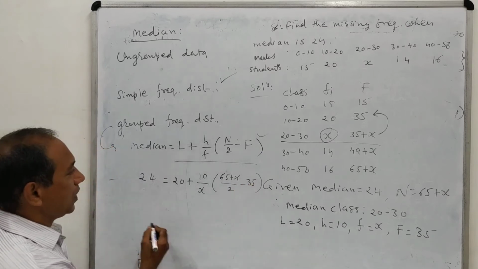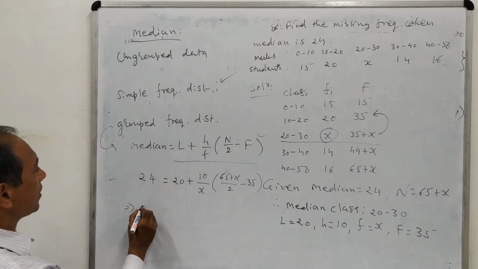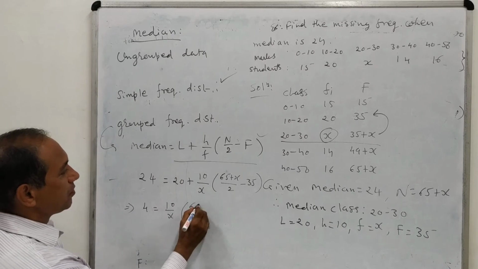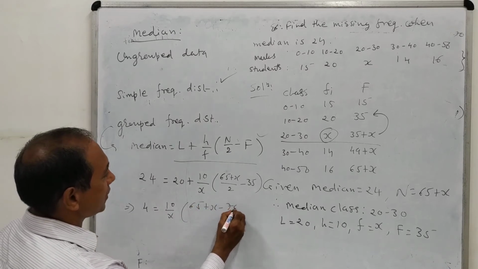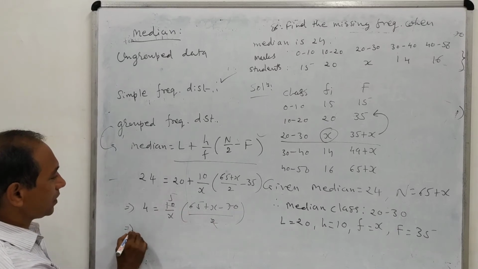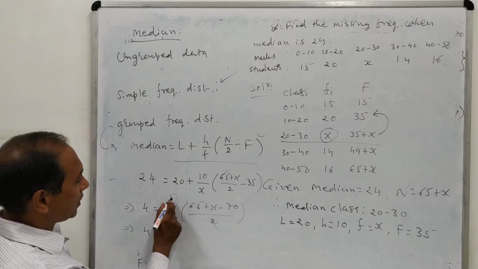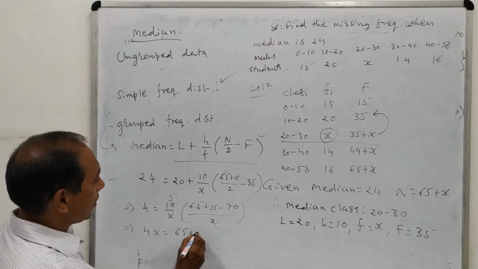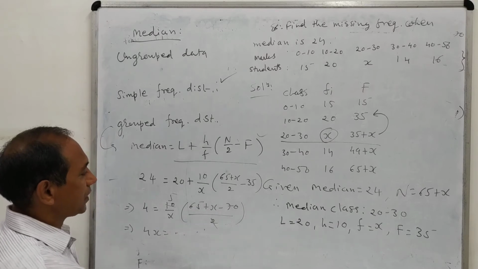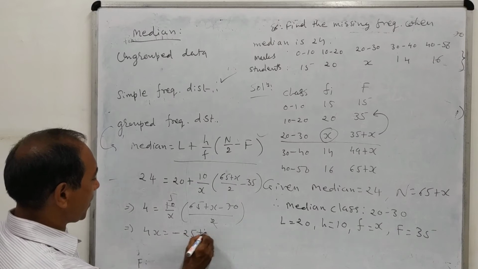So you can solve this example. 24 minus 20 is 4, equal to 10 by X times 65 plus X minus 70 by 2. This 2 and 2 will cancel, giving 5. So we take X on the left hand side: 4X equal to 65 into 5, plus 65 minus 70, that is minus 5, minus 5 is 25 plus 5X.